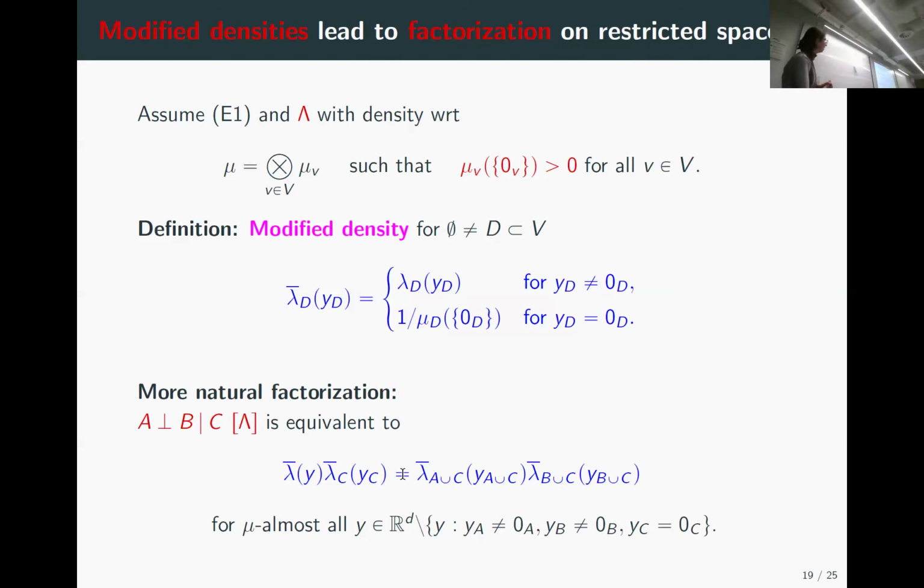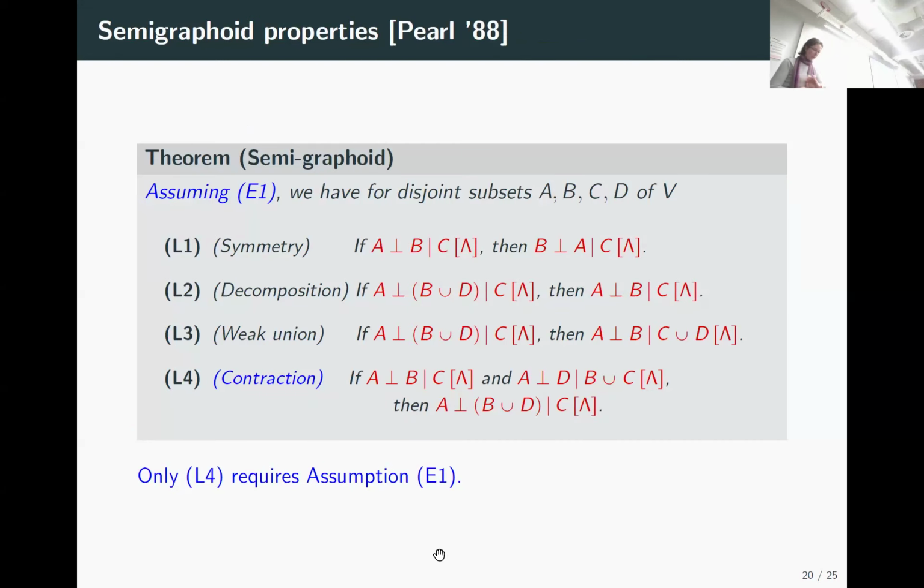So if we only take densities with respect to Lebesgue, it won't work. But if we take Lebesgue and in addition allow for point mass at 0 in each direction, then one can formulate quite a natural density.